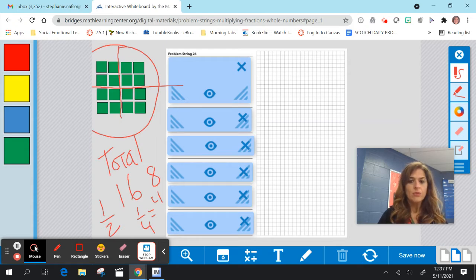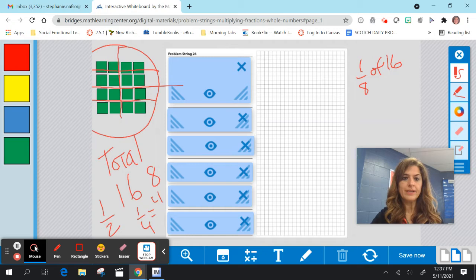Now, with our GeoBoard, we also were able to do 1/8 of 16. And that is breaking up the fourth again in half. So 1/8 of 16 is really half of 4, which is 2.